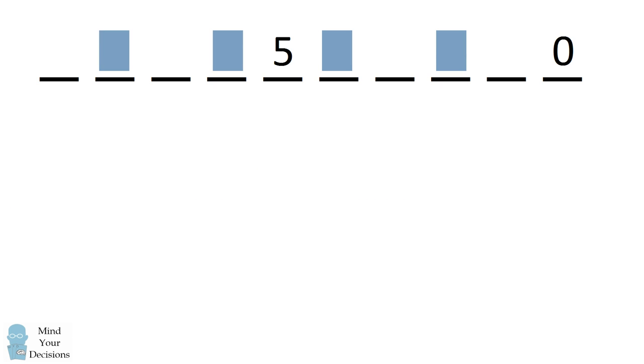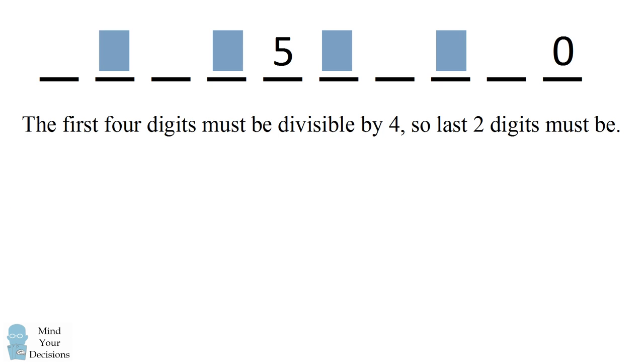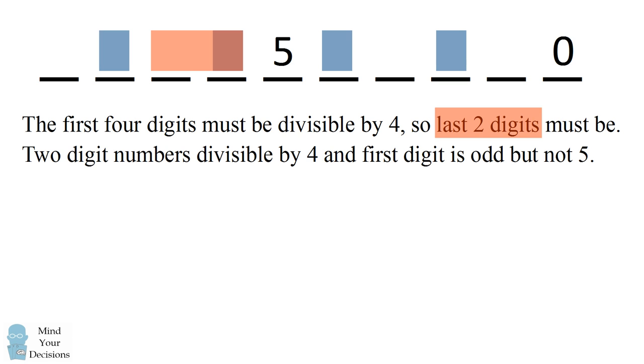Now let's consider the first 4 digits. We need this to be divisible by 4. The divisibility rule is that the last 2 digits of the number have to be divisible by 4. We also know that the first digit has to be odd, but it is not the digit 5, which is already used. So which 2-digit numbers satisfy this property?